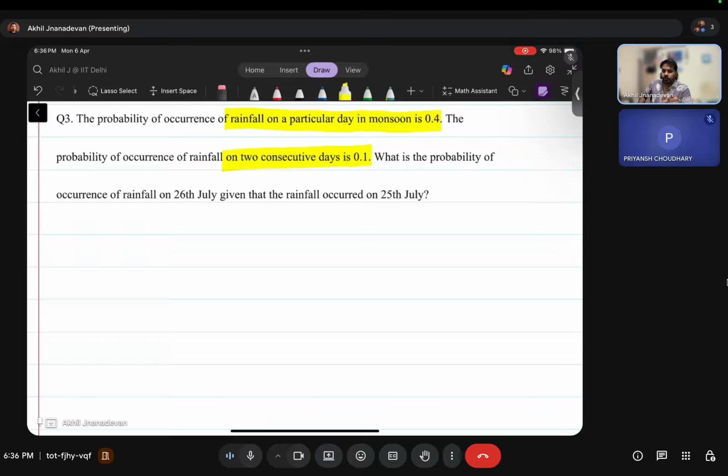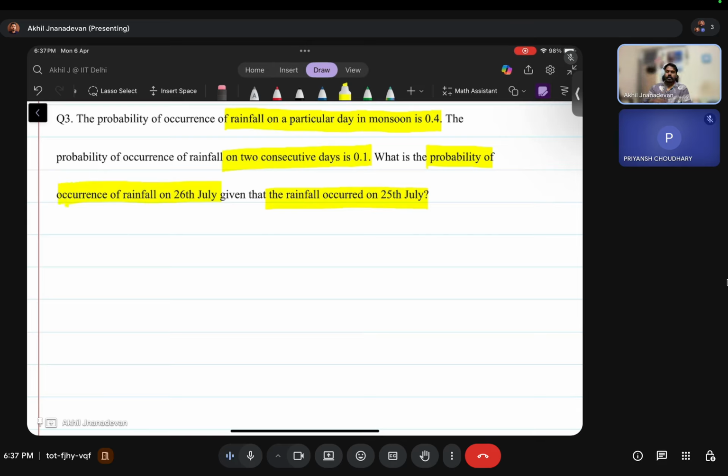What is the probability of occurrence of rainfall on 26th July given that the rainfall occurred on 25th July? It is given that rainfall has already occurred on 25th July, and with that condition, they are asking us to find the probability of occurrence of rainfall on 26th July.